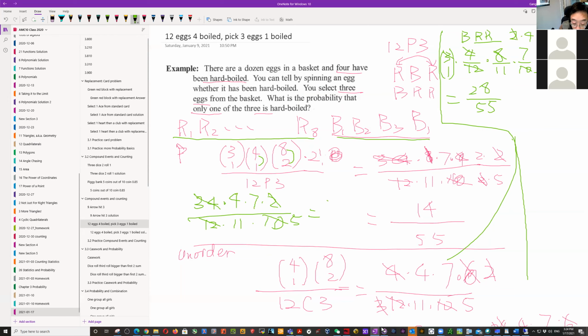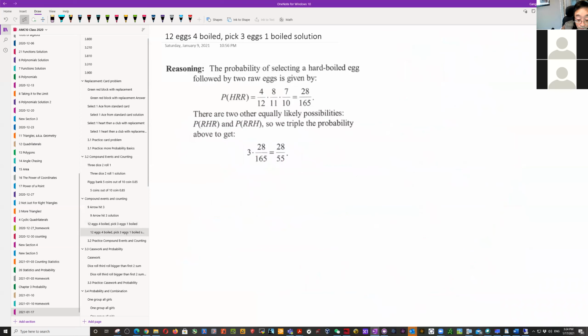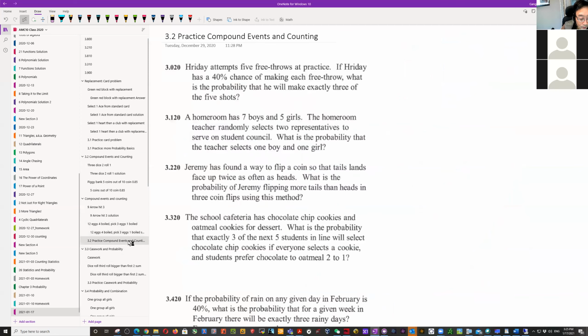So basically, this is just different way you can think problem differently and still get the right answer. So then let's see. Yeah, it is this way. So basically, it's just multiple ways that you can think about it.